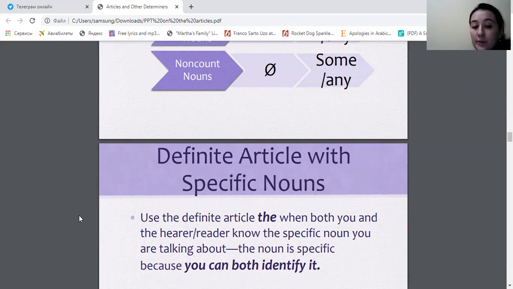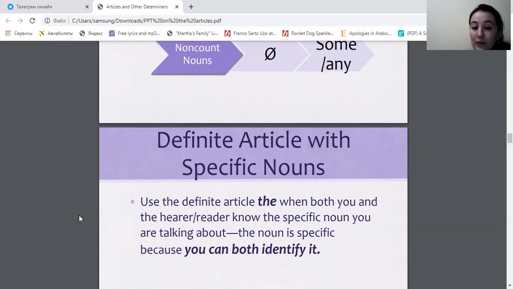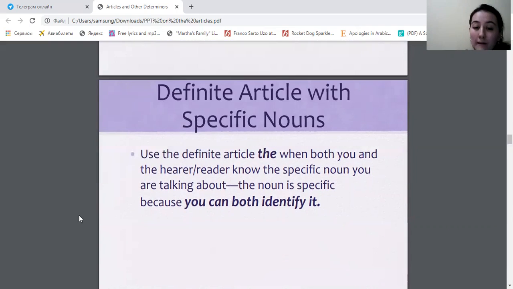The noun is specific. You can both identify it. So if we are talking about the exact thing or exact person, and both people in the conversation know about this person or this thing, we can use the article the before the noun, because this is exact and definite. We both can identify it.